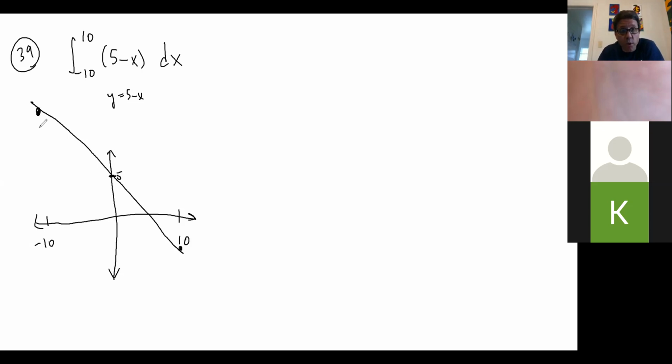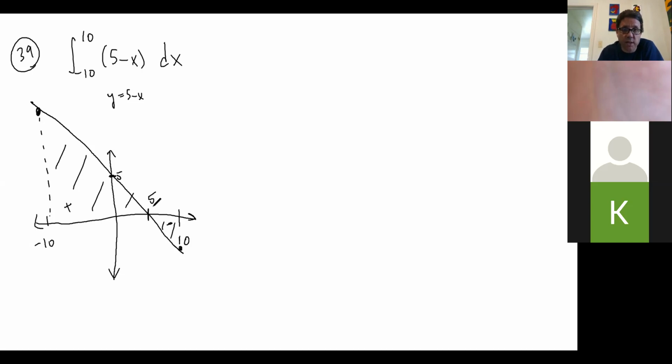So the overall answer to this, if we were just asking what is the exact answer, it would be the area under the curve, or above, that would be positive area, and this stuff down here would be negative area. So we can figure out where this crosses at 5.